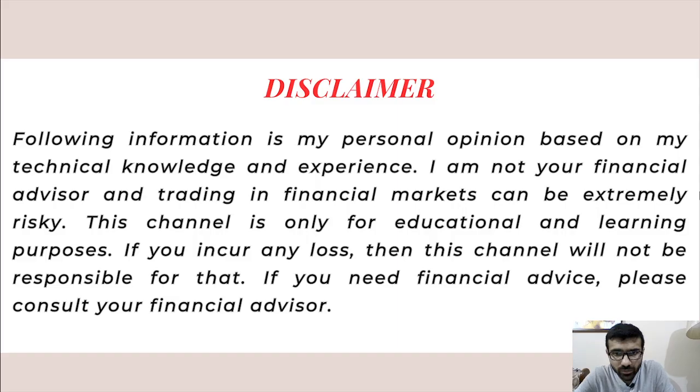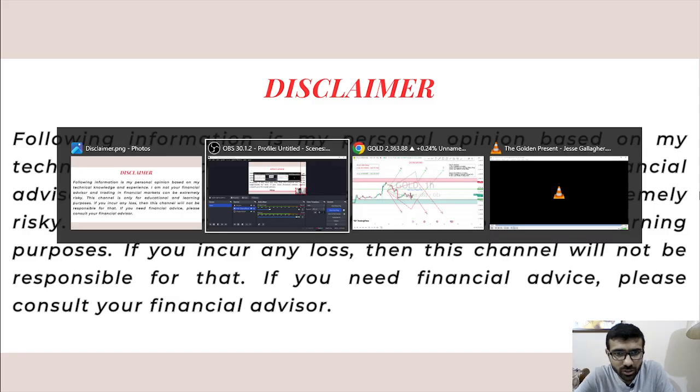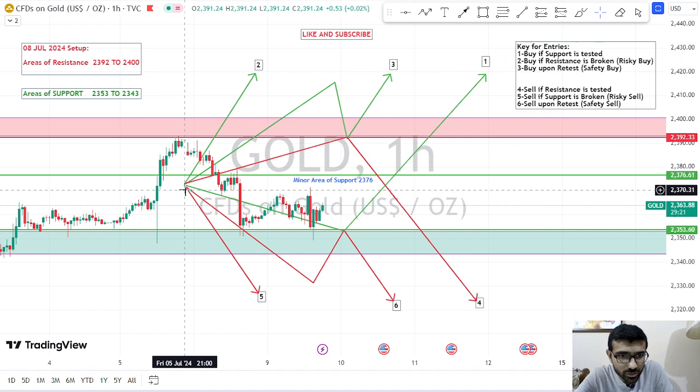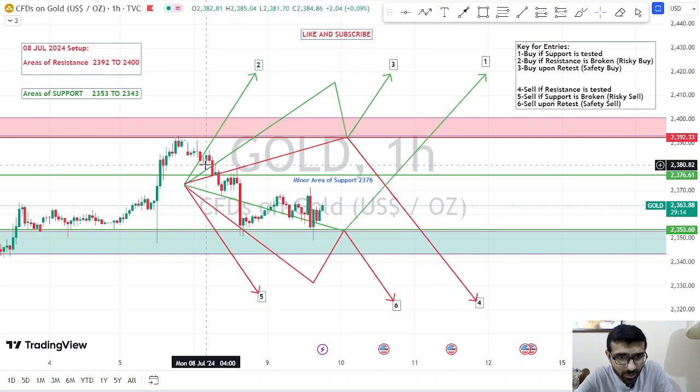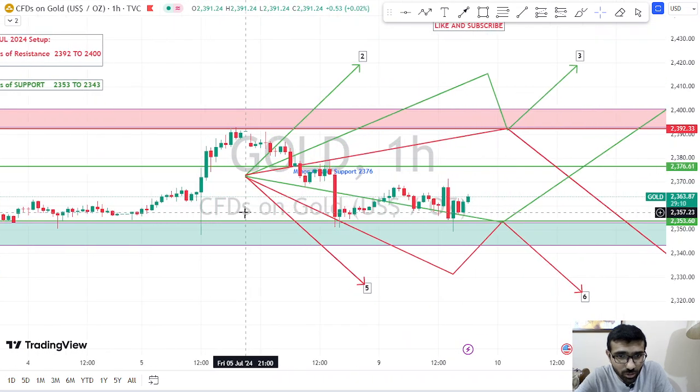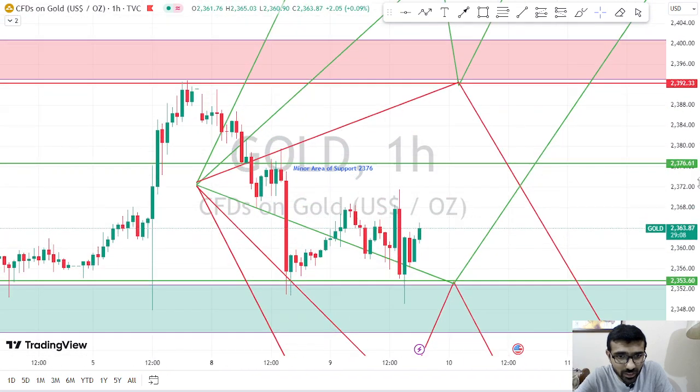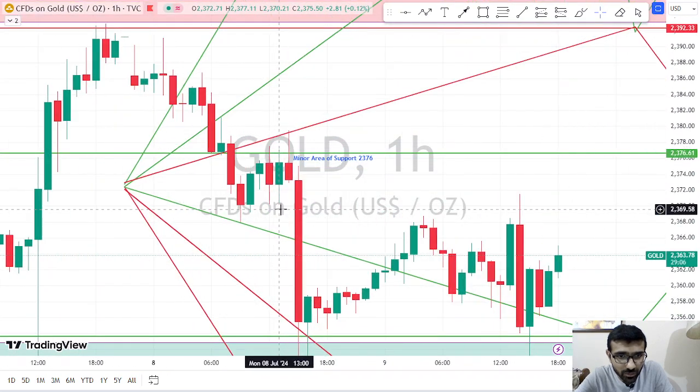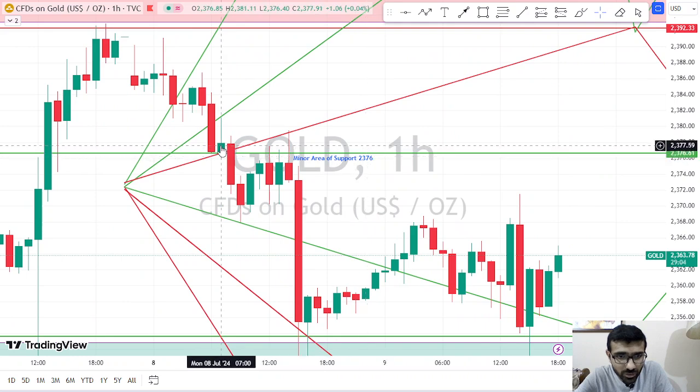Okay, so when we were discussing the markets on Friday closing, gold was trading over here, and you guys can see that market created this CME gap, then market filled this gap, and then market started to come down. So if you guys remember that we were bullish in this gold pair, so once market closed above our minor area of support of 2376 from here, we could maybe take a long position, something like this.